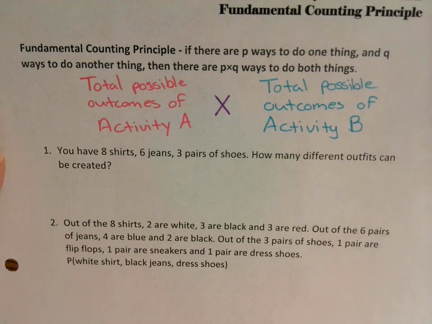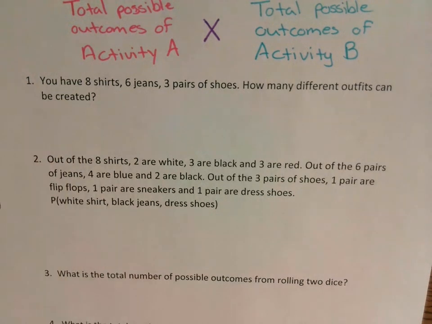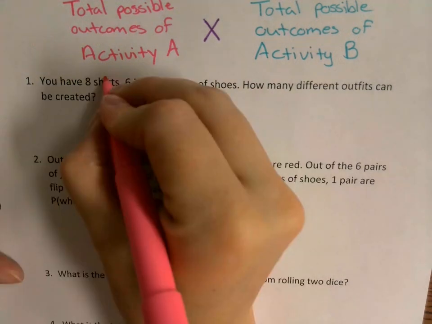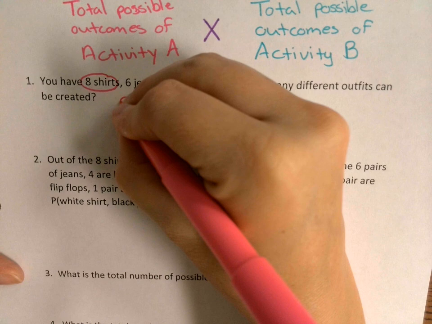Let's take a look. We have 8 shirts, 6 jeans, 3 pairs of shoes. I want to know how many different outfits I can create with 8 shirts, 6 jeans, and 3 pairs of shoes. So I have 3 different activities here. I have activities of shirts. So I'm going to take the number of shirts that I have, which is 8, and I'm going to multiply it by my second activity.